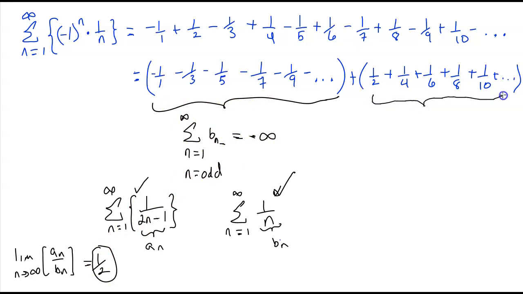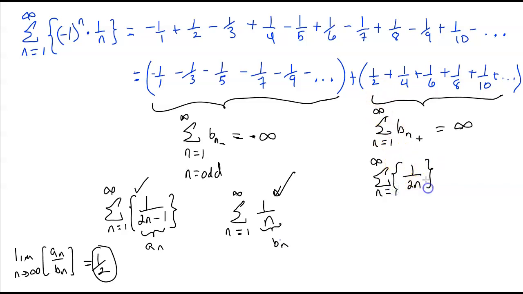If we come here, what we see is that we could think of this as b sub n plus, and the sum of this would be going towards positive infinity. And of course, we could do something very similar here, where we could rewrite this particular series as 1 over 2n.